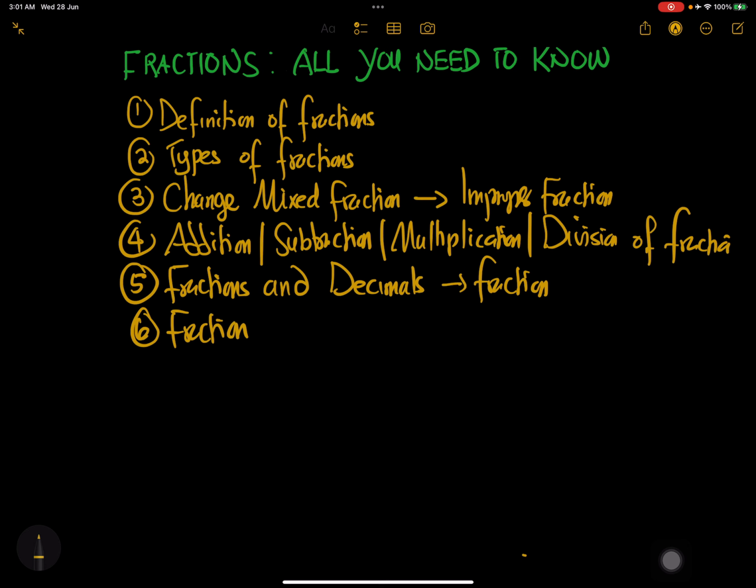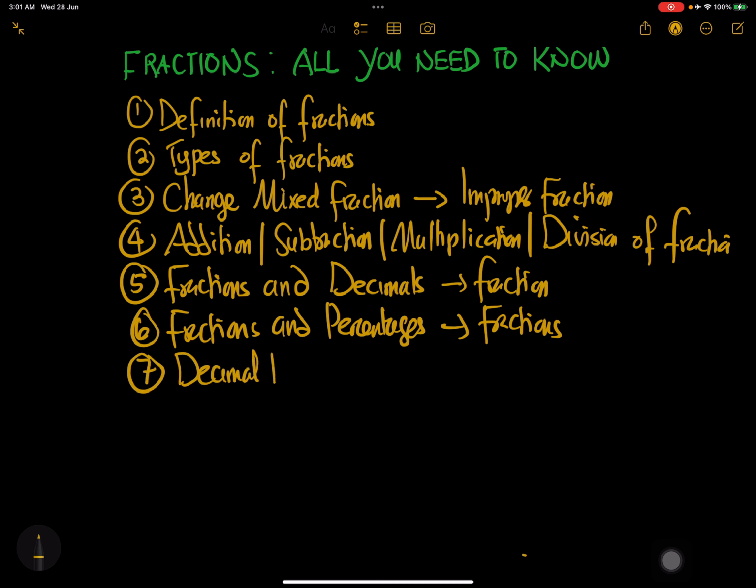So fractions and percentages, and how we can change percentages back into fractions as well. Then the seventh thing will be decimal places, and the eighth thing, significant figures.